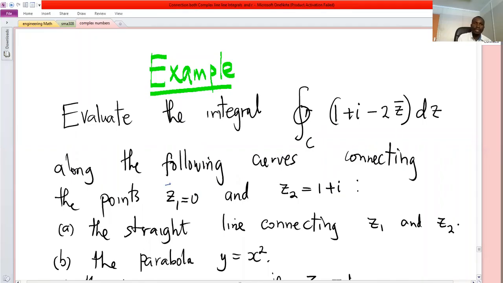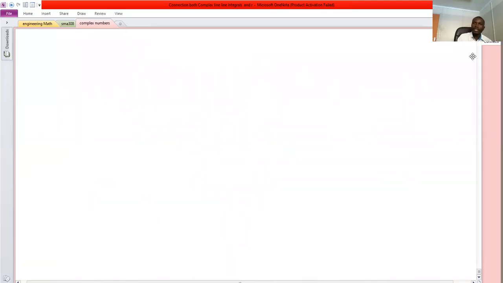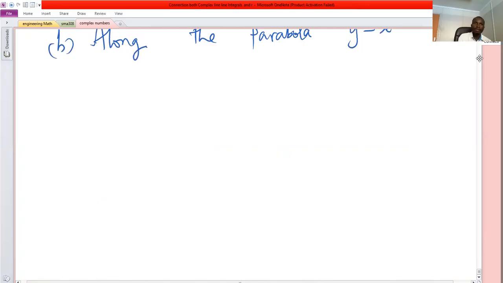The main thing is that we have the point z1, which is 0, and the point z2, which is 1 plus I. So we are within those limits. Let's sketch the parabola within those limits and see how the curve looks.